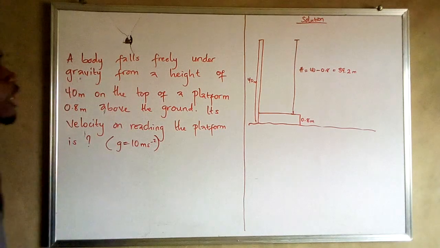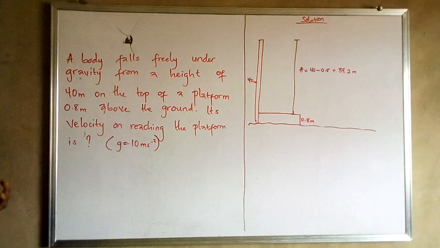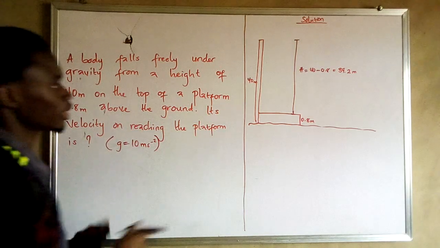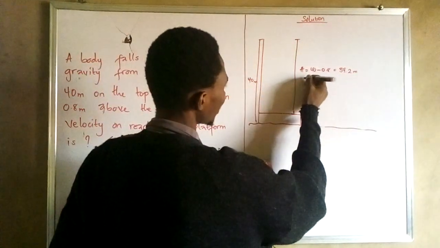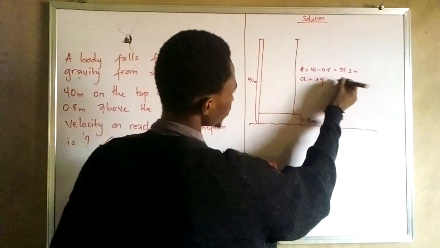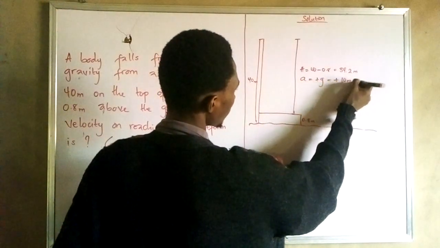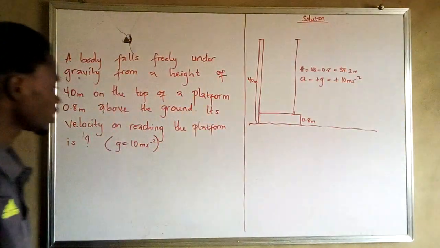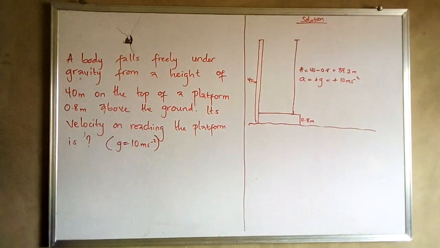So another value we need to write down from the question is the gravity. The gravity, that's the acceleration, is equal to positive g, which is equal to plus 10 meters per second squared.